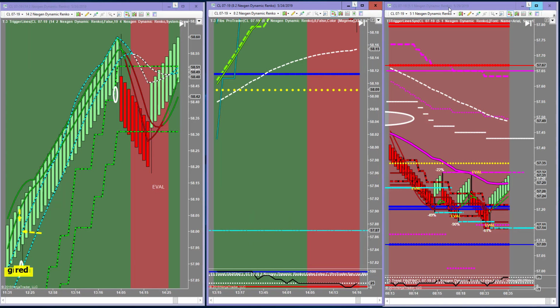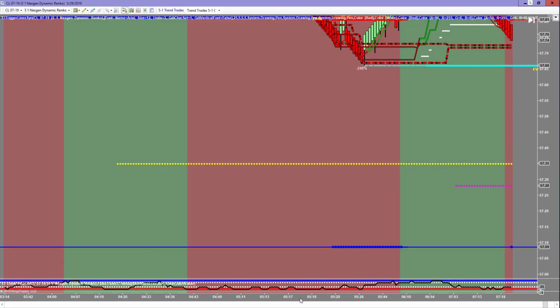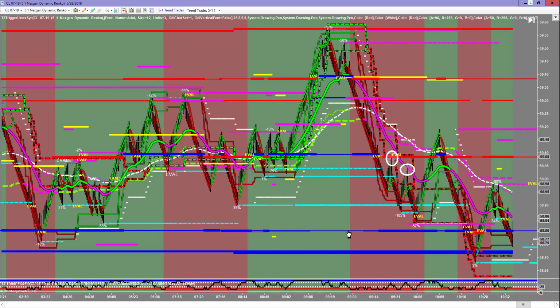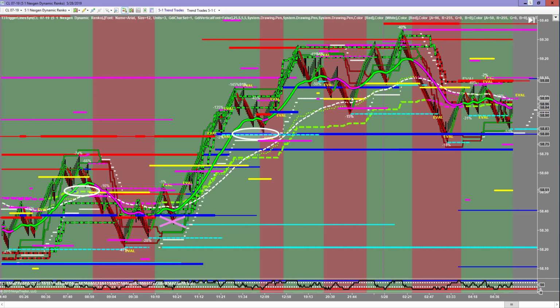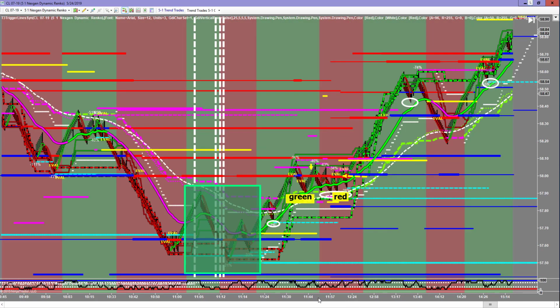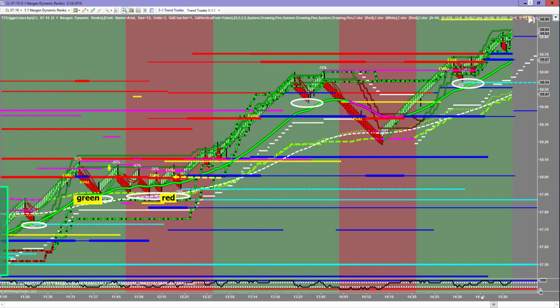Now, let's go back and take a look at the 5-1 chart. Let me go back to the 25th. This is the trend trade study, so you can see when to do trend trades and when not to do trend trades. Look, this is the representation on the small chart of what we were just talking about.